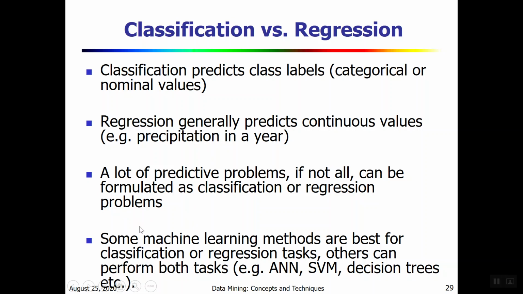The next point to make is that some machine learning methods are best for classification or regression tasks, but others can be used for both. For example, artificial neural networks can be used for classification and regression. Different variations of support vector machines can be used for both classification and regression tasks, and decision trees.